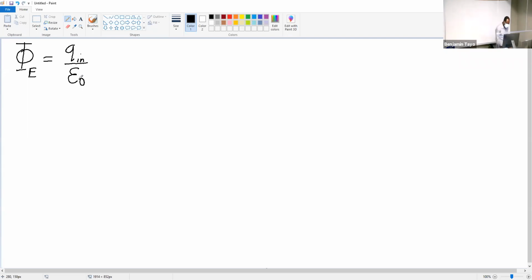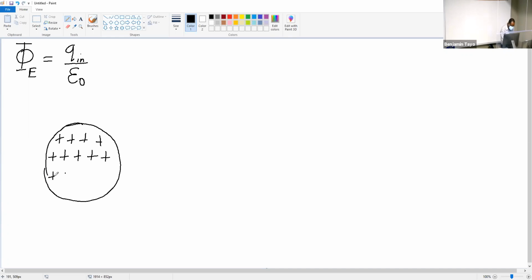Now, I have a sphere, and this sphere has charges inside. If you think about it, the electric flux you can just write as electric field times the surface area.